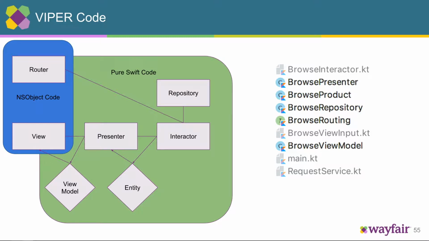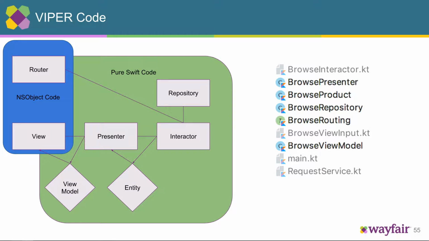So that is on the iOS specific side. But then everything else moves into pure Swift code, which is just the repository where we make requests to our server, the interactor, which is grabbing those data models and passing them along to our presenter. The presenter is creating a data model for our view controller, which is where we actually present our screen.